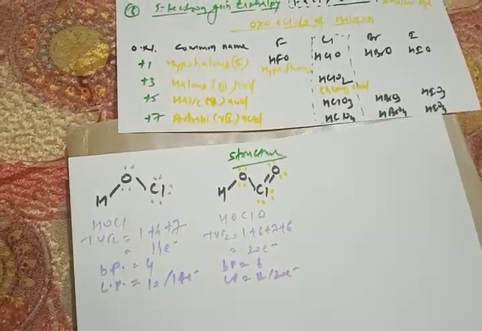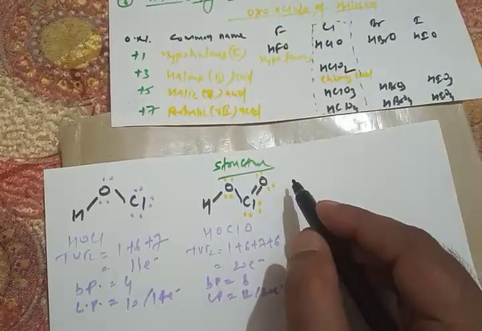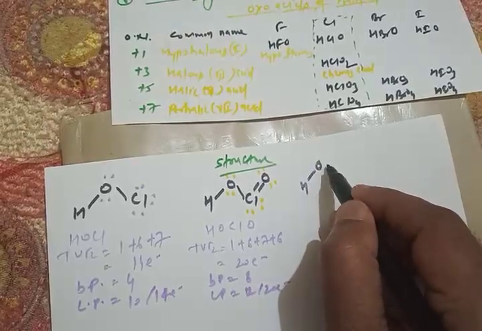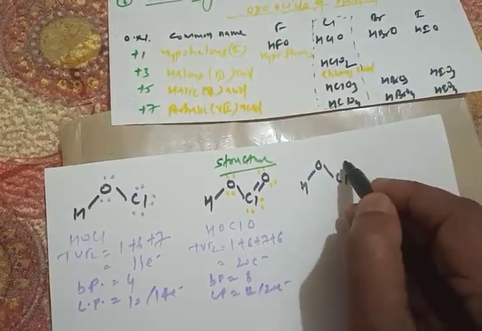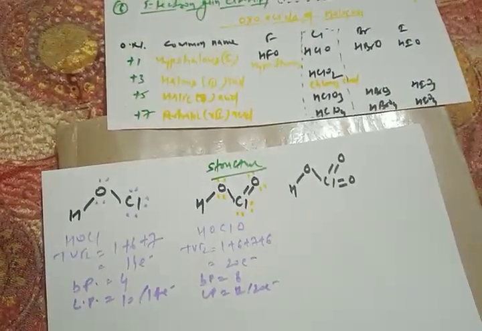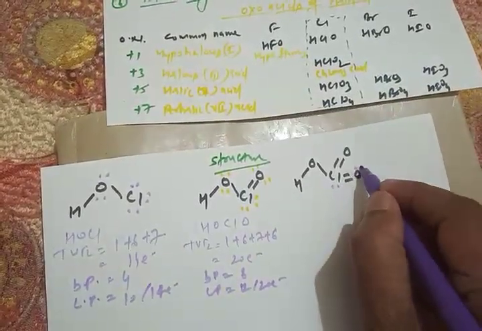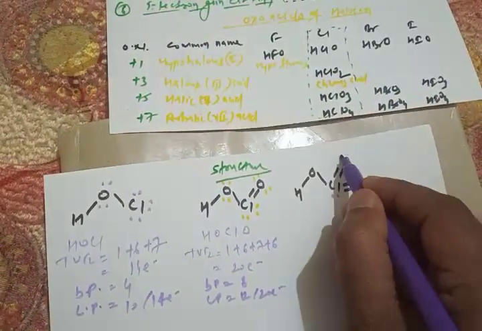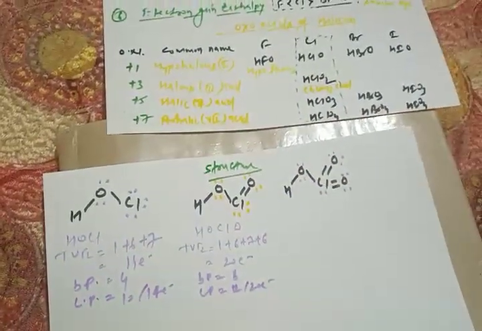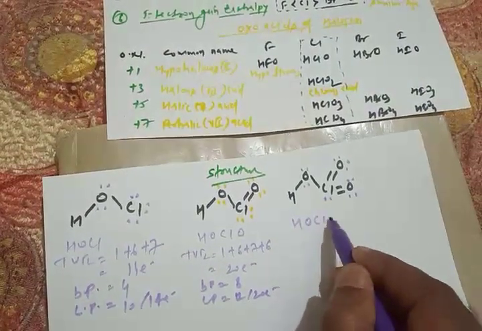Then in the third case, what will happen? Another lone pair will be oxidized, and we will get another oxygen. So here double bonded O, double bonded O. In this case we have one lone pair left here. We will put two lone pairs on each oxygen. So this is the formula of HOClO2.